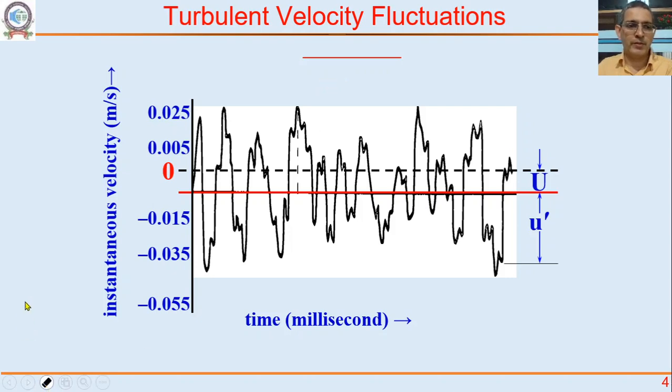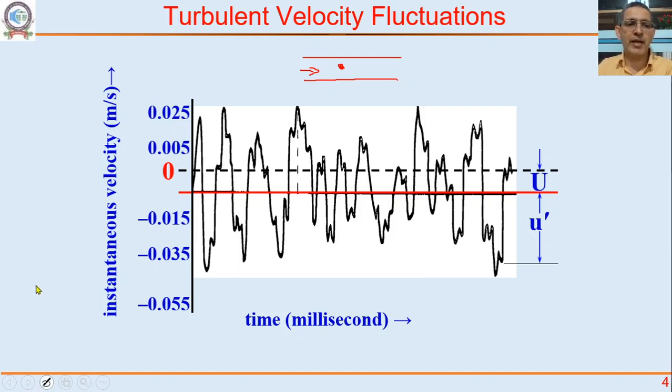Imagine that there is a pipe like this and flow is occurring from left to right. Flow is turbulent. We are looking at any one point in the pipe, and at that point we are plotting velocity as a function of time.